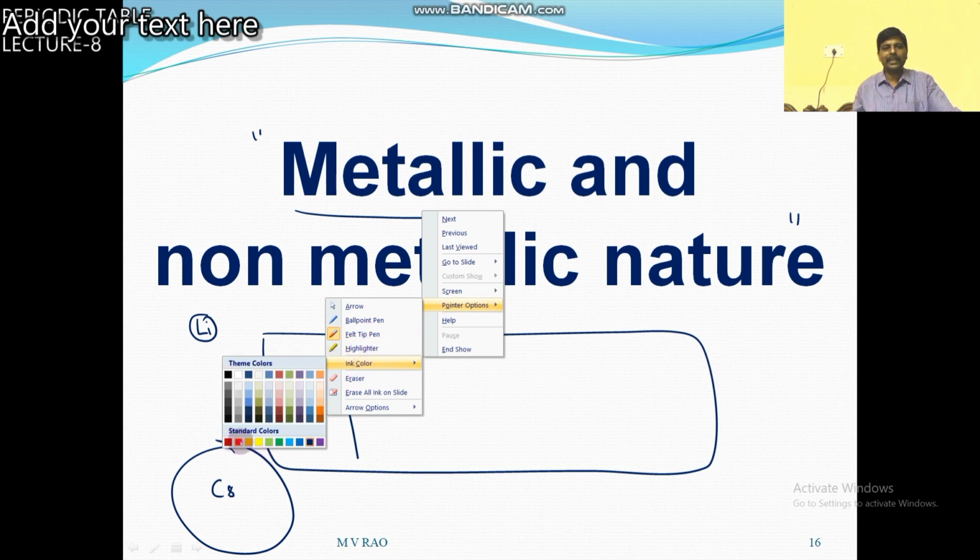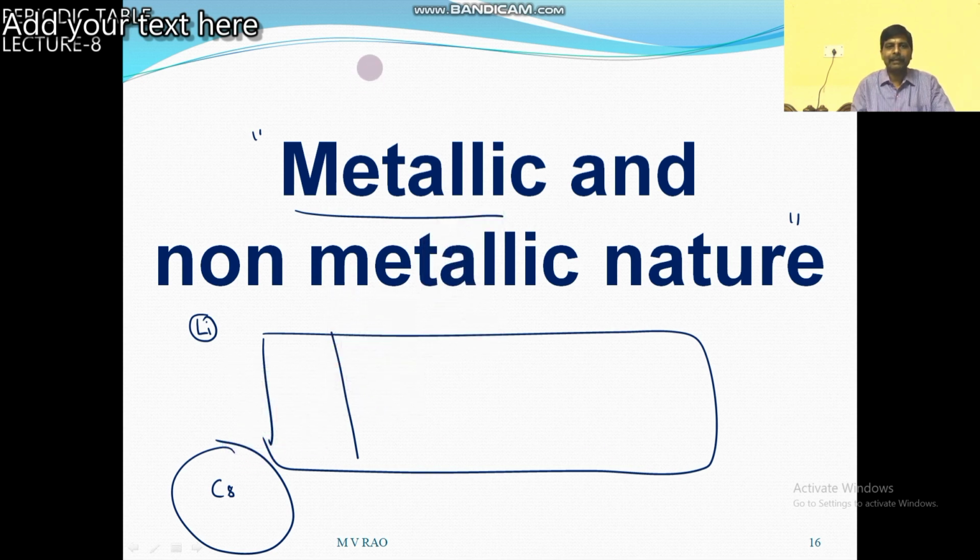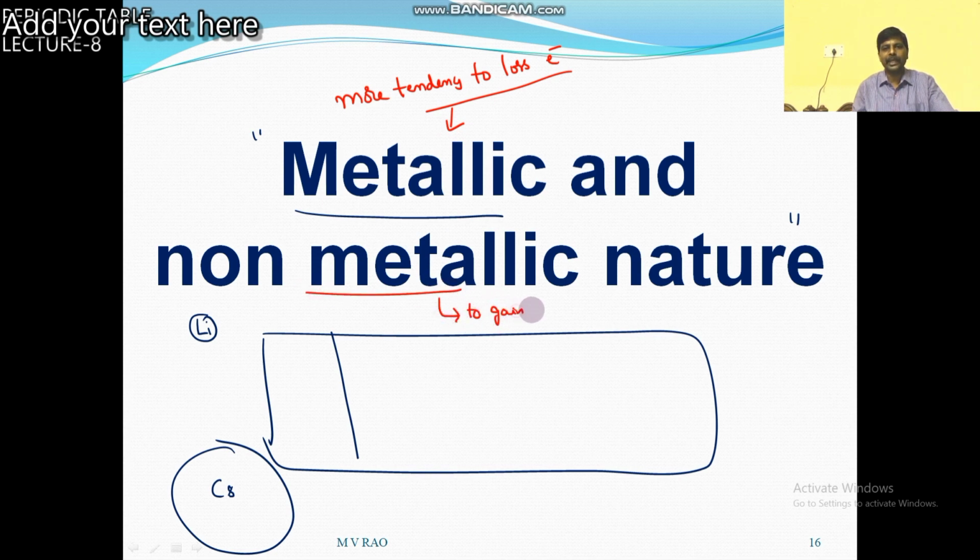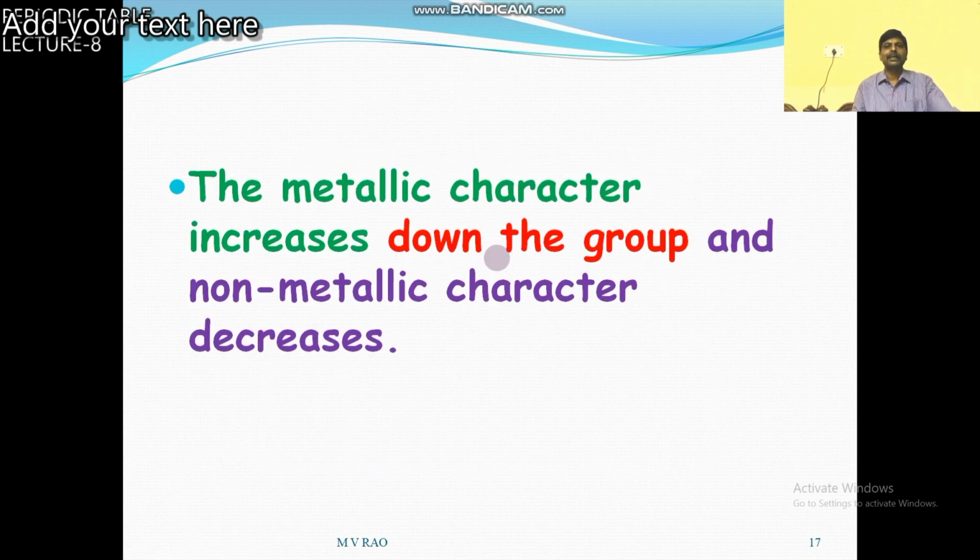Elements which have more tendency to lose electrons are metals; those with a tendency to gain electrons are non-metals.